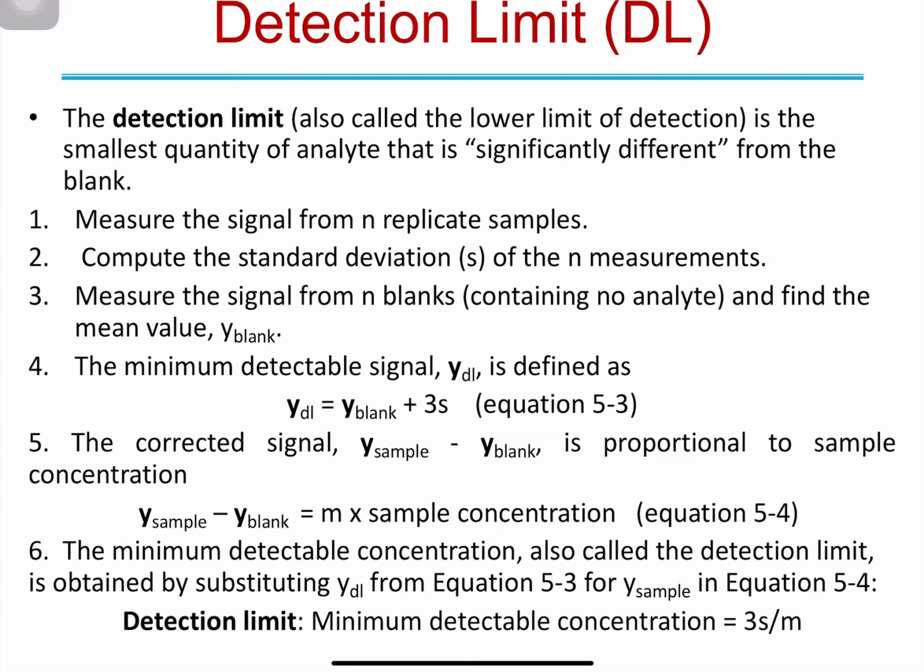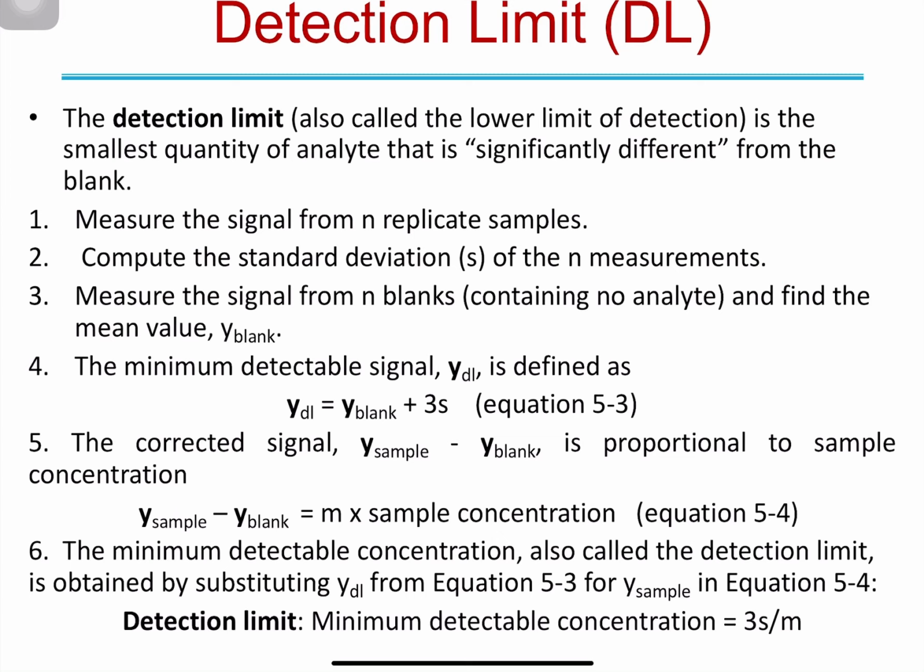But actually, if you don't calibrate it, you will find that your blank will have some value. So we need to know the smallest quantity of our analyte that is significantly different from the blank.